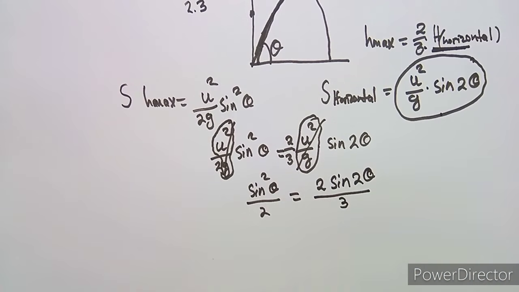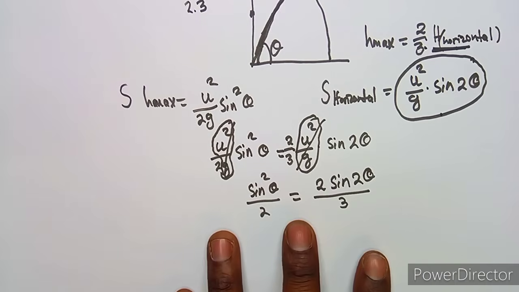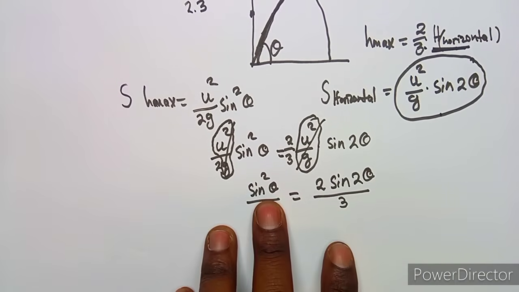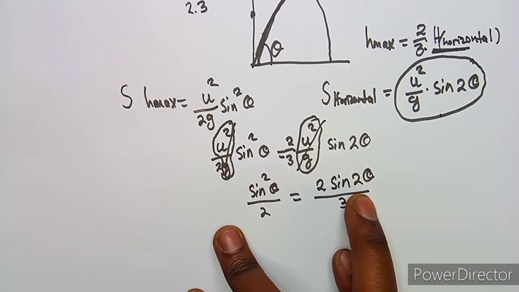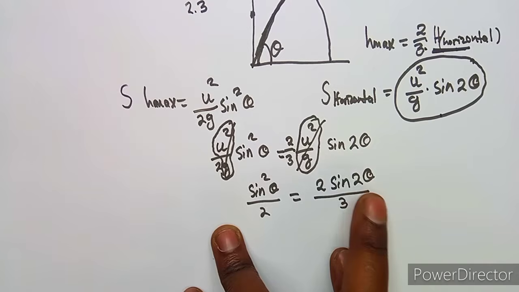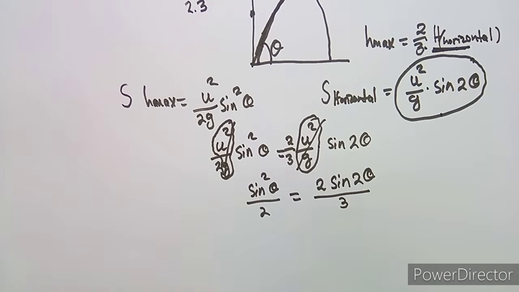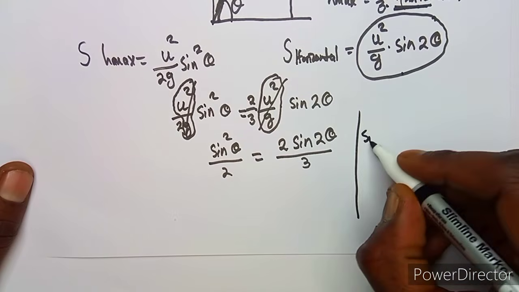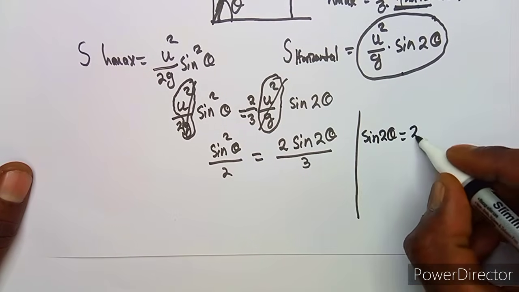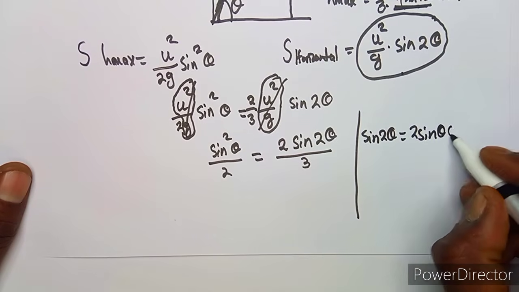All right, then how can we win? Now you're supposed to go back to your mathematics, your trigonometry identities, so that we can clear this up. Remember from your identities, guys, we have sine squared theta and sine 2 theta, and sine 2 theta is equivalent to 2 sine theta cos theta.